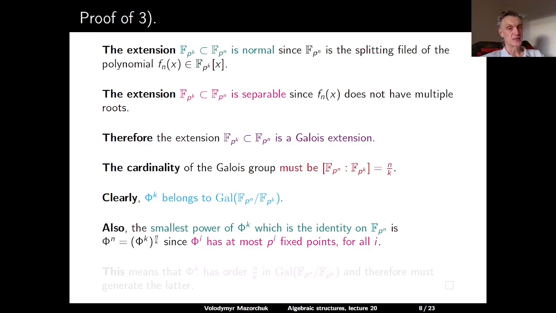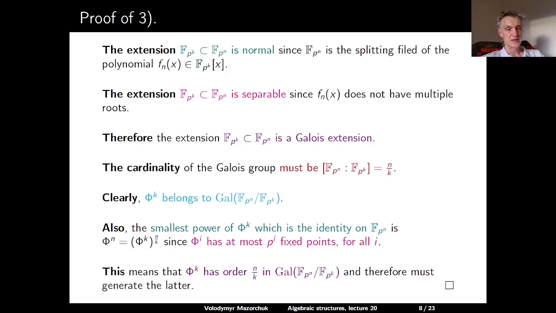Also, the smallest power of this k-th power of phi, which is the identity on F sub p to the power n, is the power n divided by k. So that's exactly the n-th power of the Frobenius. So it is equal to the k-th power of the Frobenius raised to the power n divided by k. And that's because the i-th power of the Frobenius has at most p to the power i fixed points for all i.